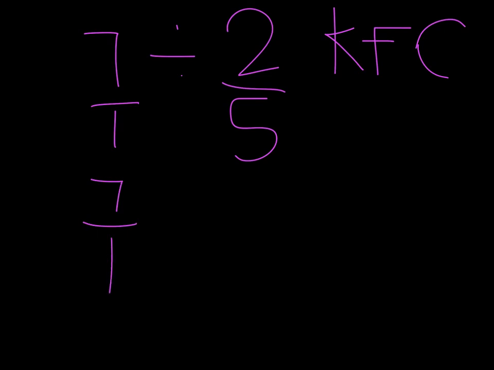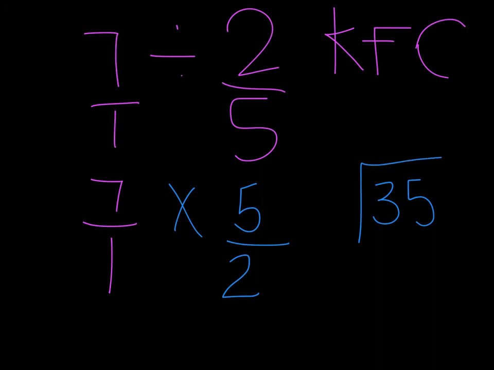Second number, what are we going to do, everybody? Flip. What's that fancy word? Reciprocal. And then the C stands for change the sign. I have 7 times 5. What's 7 times 5? 35. 2 times 1? 2.